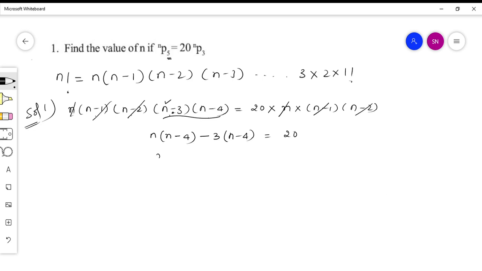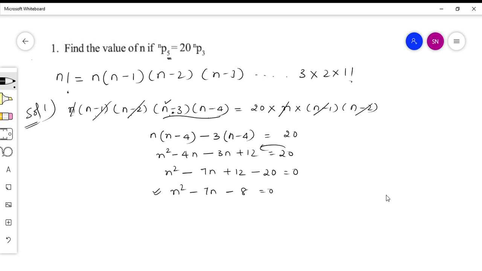So this becomes n square minus 4n minus 3n plus 12 is equal to 20. So this becomes n square minus 4 plus 3 is 7n plus 12 minus 20 is equal to 0. I have taken this side. So finally I will get this as n square minus 7n minus 8 is equal to 0.